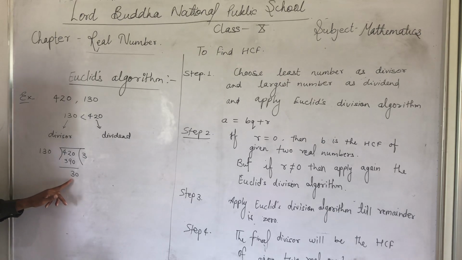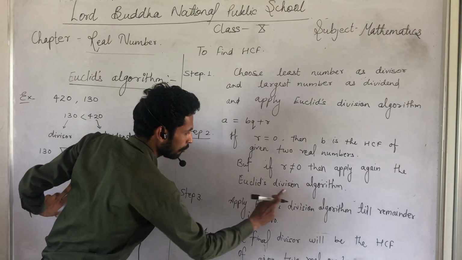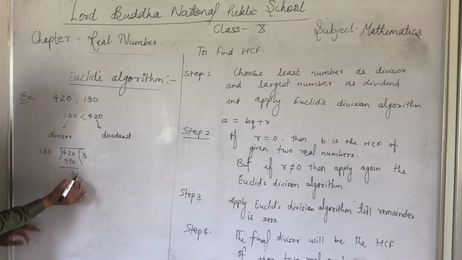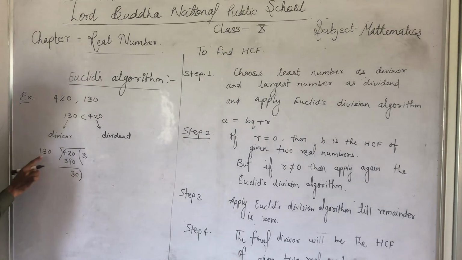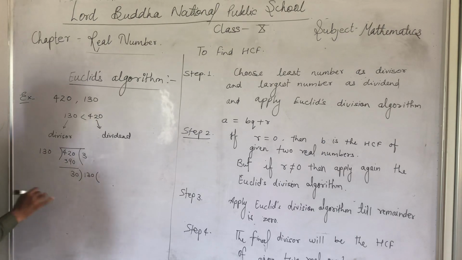Remainder does not equal 0. So we can apply Euclid's division algorithm again. Now the next process: this remainder will become the divisor and the previous divisor will become the dividend, that is 130.